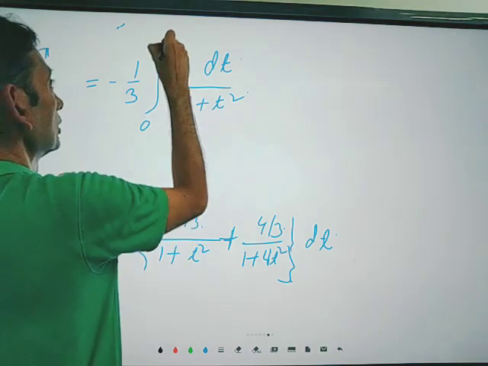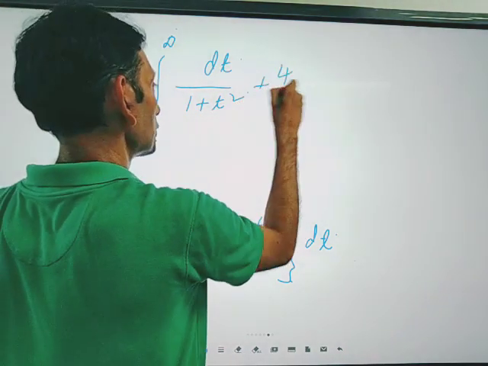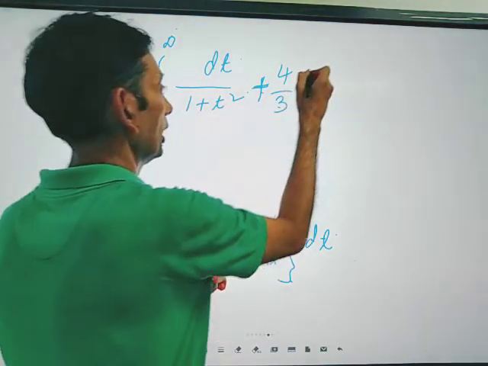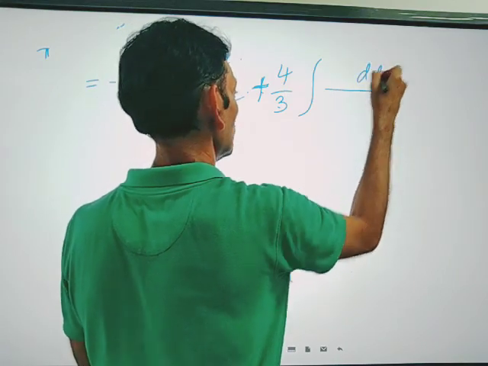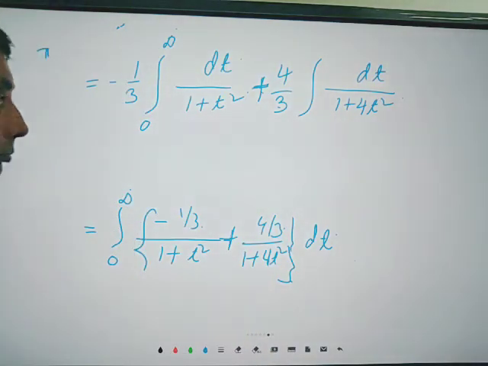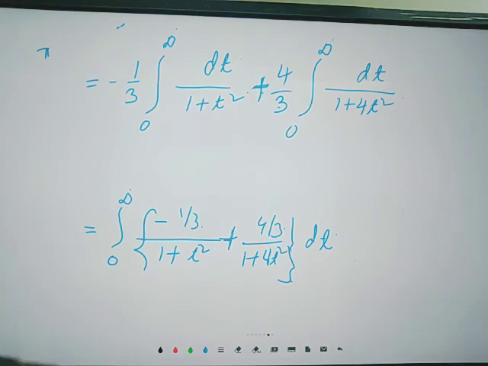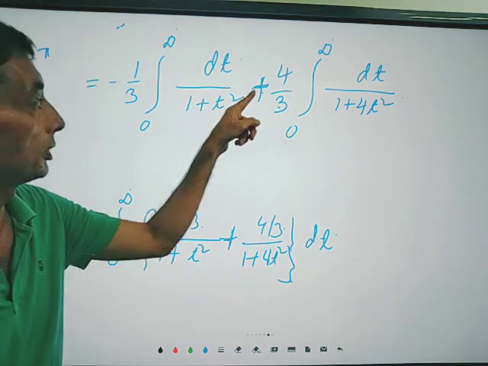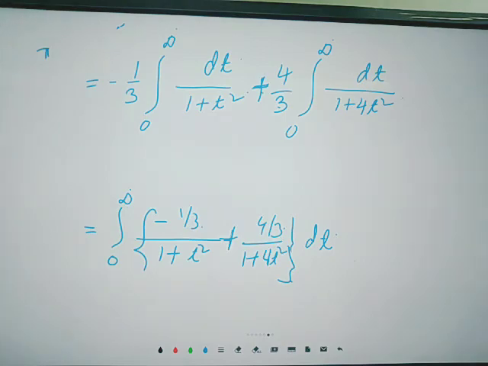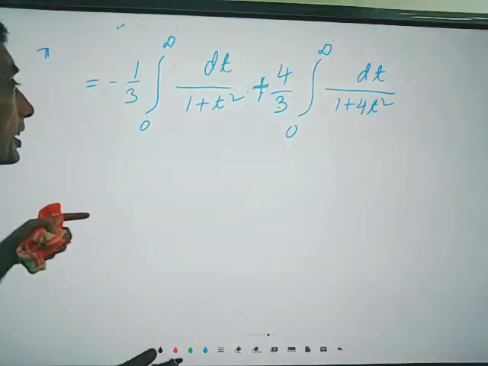And this is 4 by 3, and dt by 1 plus 4t square, 0 to infinity. So minus 1 by 3, 0 to infinity, dt by 1 plus t square plus 4 by 3, 0 to infinity, dt by 1 plus 4t square. Now both are standard integrals, so we can just easily integrate this.